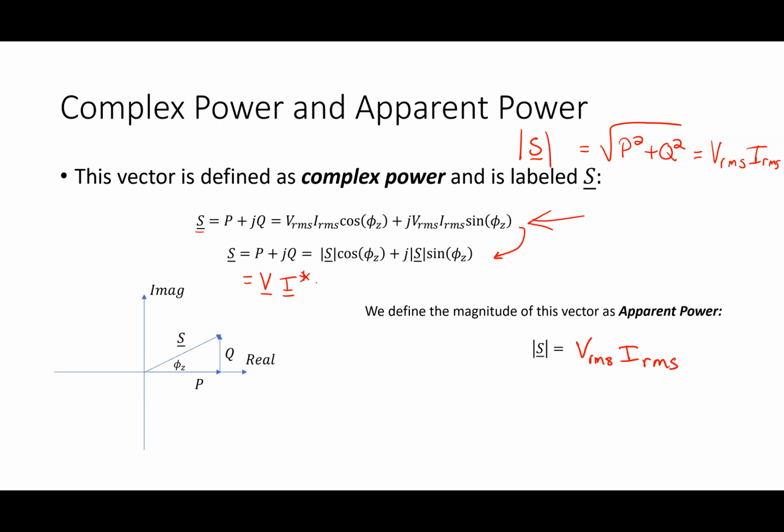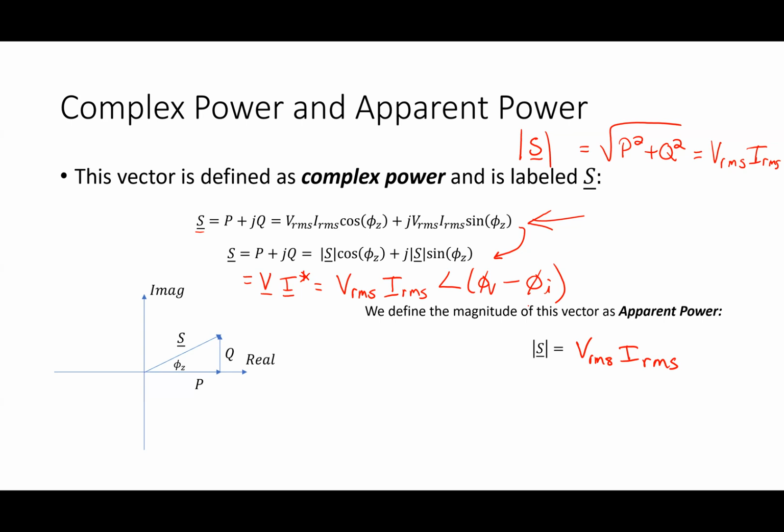When I multiply those two vectors, it's the two magnitudes multiplied, and a vector with an angle of the angle of V minus the angle of I, or the angle of Z.